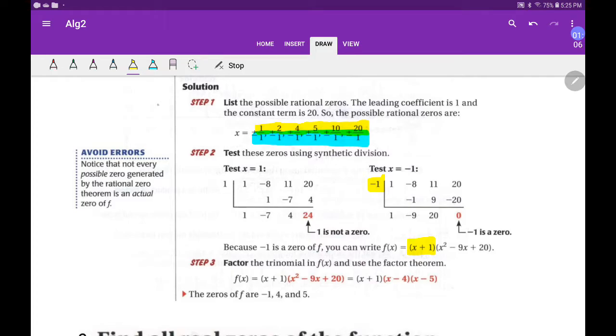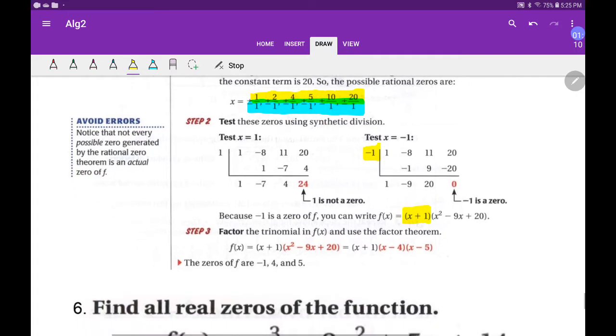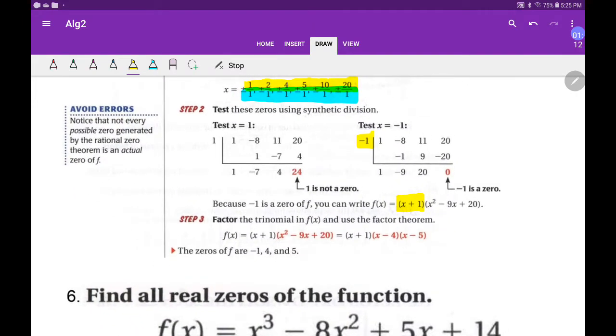The factor is x plus 1, and negative 1 goes with plus 1. And don't forget, we use these numbers. There's a 1 out in front, and a negative 9, and a 20. Don't forget that.